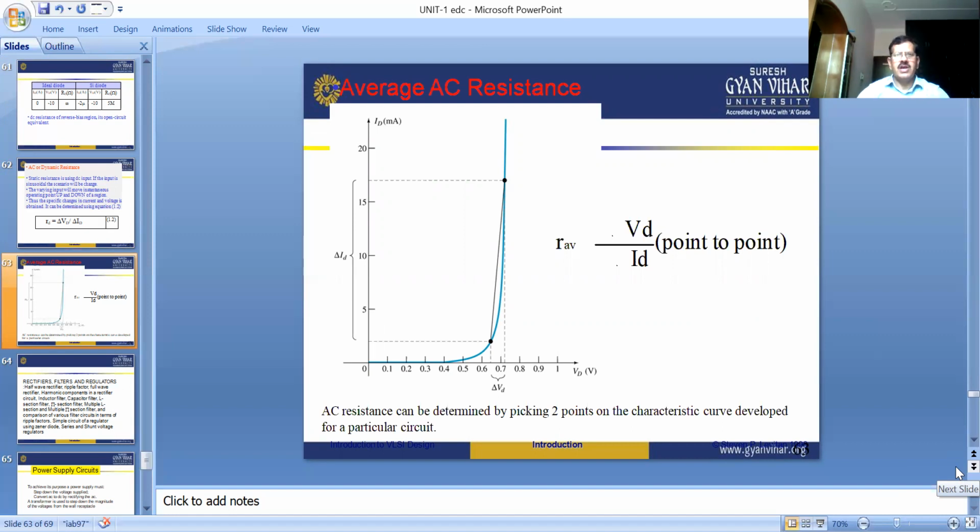Now we find out the average AC resistance of the PN junction diode. So we see here in this graph, we take the current on the y-axis, and the change in voltage on the x-axis.